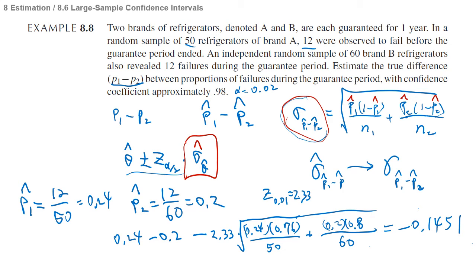You can calculate the upper bound, 0.24 minus 0.2 plus the same term, which gives 0.2251. So the confidence interval for this case has lower bound minus 0.1451 and upper bound 0.2251.